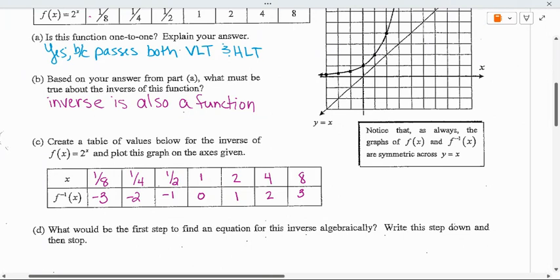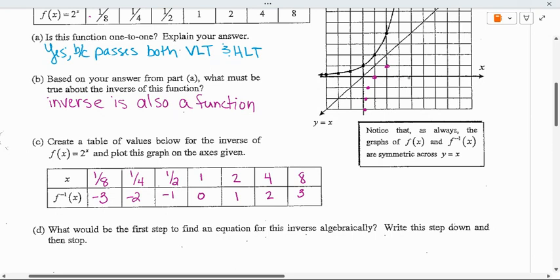So now I want to graph it. When x is 1/8, that's almost right exactly on the y-axis. I'm going to go down to -3, getting as close to the y-axis as I possibly can. When x is 1/4, I'm at -2. That's still pretty close to the y-axis. When x is 1/2, I'm at -1. When x is 1, my output is 0. When x is 2, my output is 1.